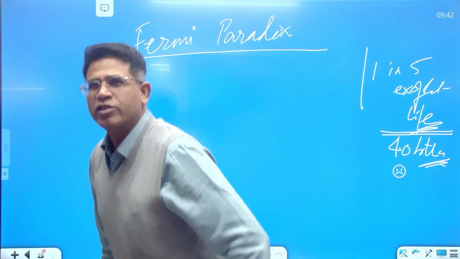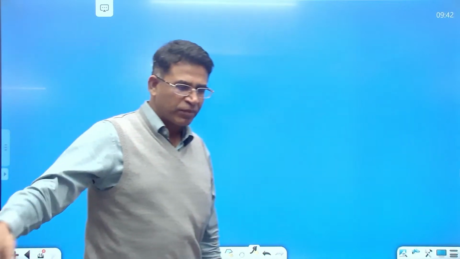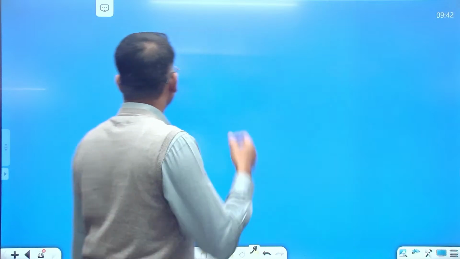ठीक है? So 3-4 things around Earth, the conditions. Now one more. This is a recent one. December, January में they came up with this one. One more thing.